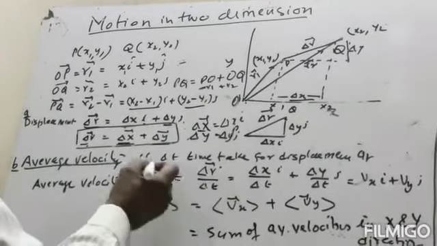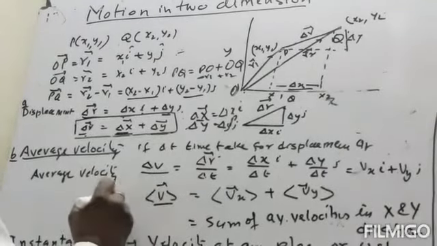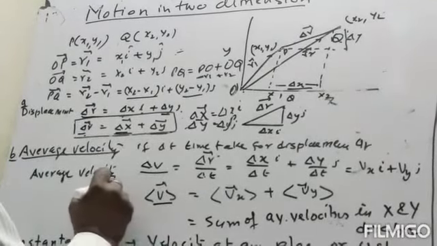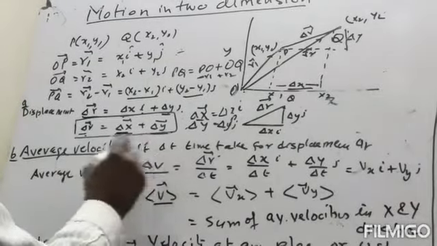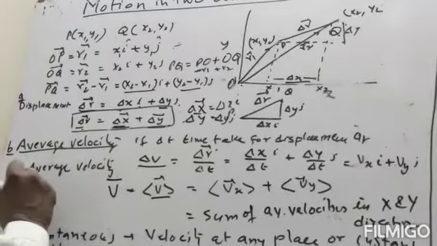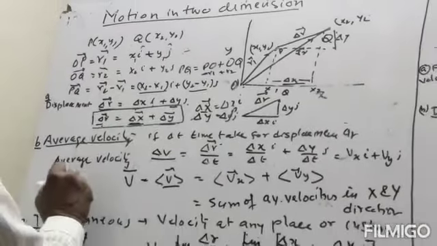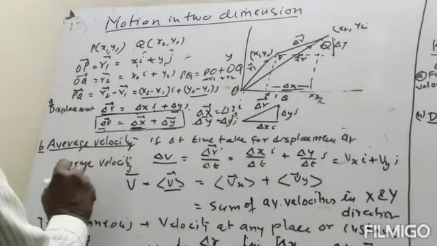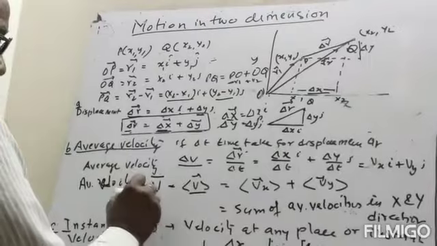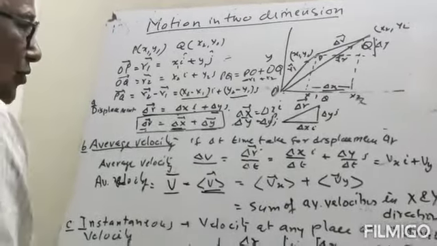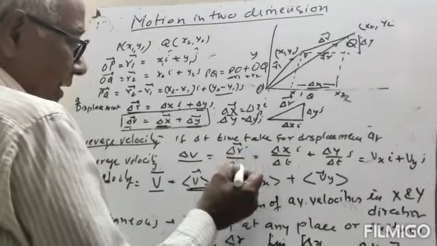We write average velocity like this, or we can also write v bar. So the average velocity will be equal to delta r divided by delta t.